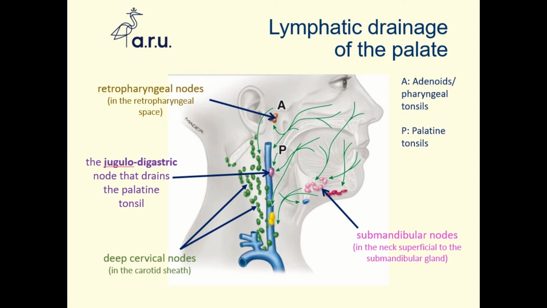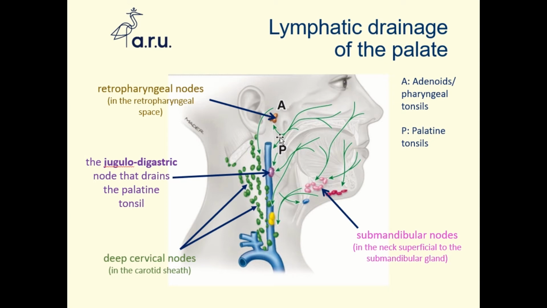In addition, there are different groups of lymphoid tissue present in different regions inside the oral cavity and in the naso- and oropharynx, which are important to know as well. These include the nasopharyngeal tonsil, situated in the roof of the nasopharynx at the junction of the roof and the posterior wall. And then we've got another tonsil called the palatine tonsil, which is situated in the lateral wall of the oropharynx, not shown over here.